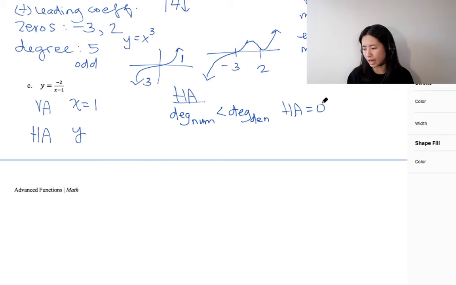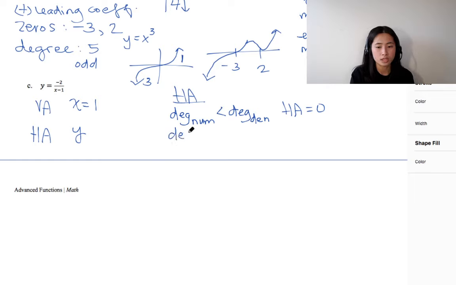So in this case, your horizontal asymptote would be 0. But there's a difference between 0 versus none, by the way. If you say horizontal asymptote is none, that's completely wrong. You need to make sure if the degree of your numerator is less than the degree of your denominator, it's 0 and not none.